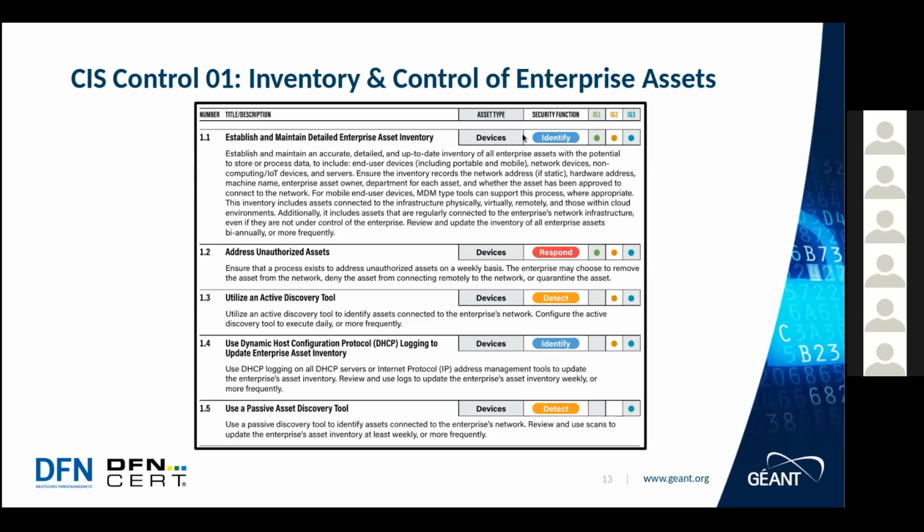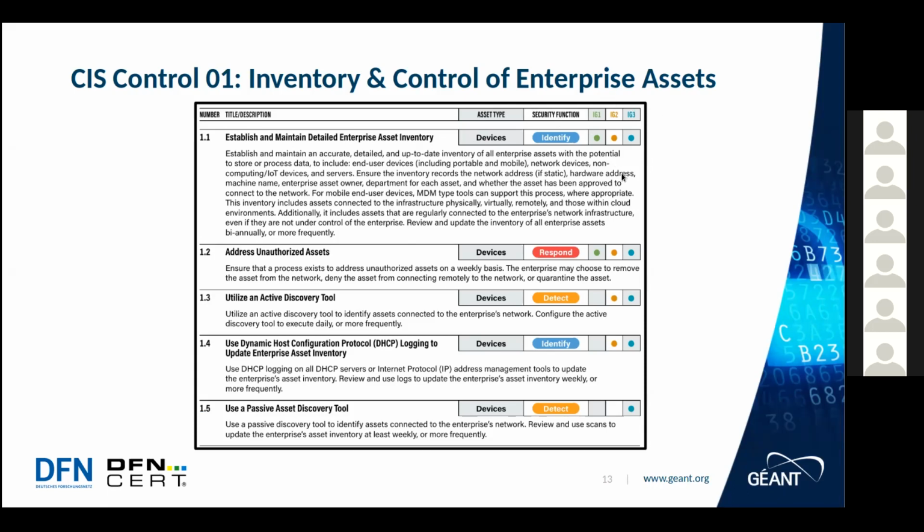For each safeguard, we have different asset types. These can be devices, the network, users, applications. You get the idea. Then they have a so-called security function, which can be identify, respond, detect, protect, and stuff like that. And they have so-called implementation groups, IG1 to IG3.